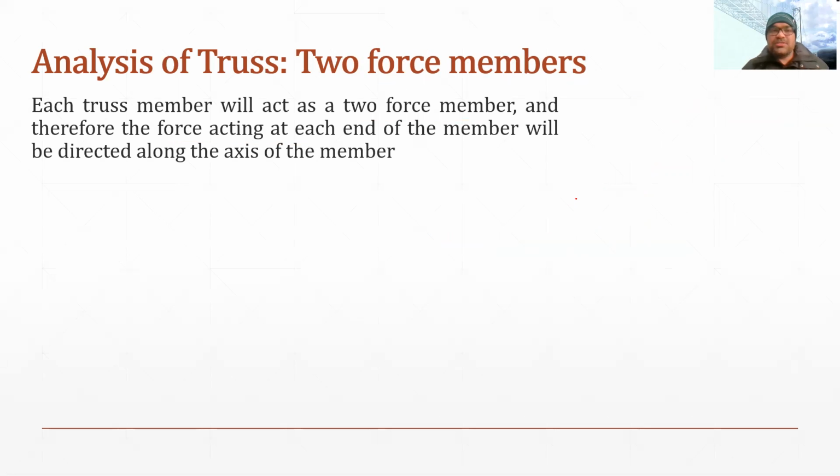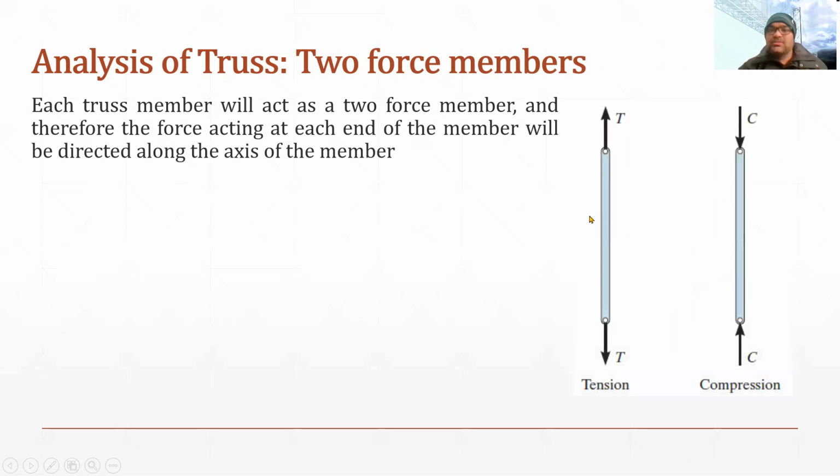Now talking about the truss member. Truss members are considered as two force members because in a truss, load is applied at the joints, and from the joint further the load passes along the members along their length. Okay, I will make an example. Say, for example, this is the truss and load is coming on this joint.